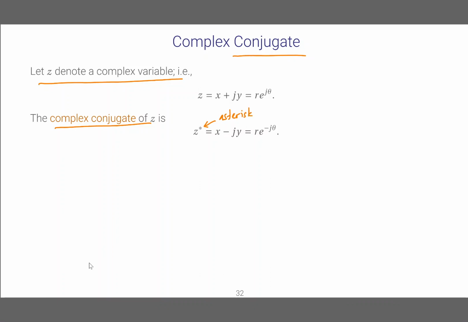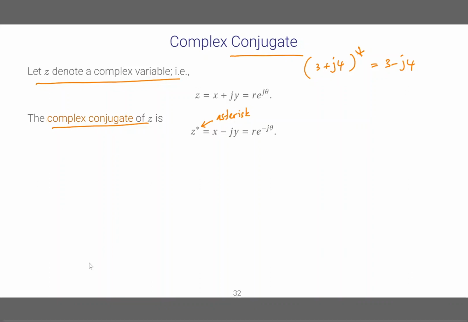It is x minus jy, and in polar notation r e to the power of minus j theta. So you know that if you have 3 plus j4, the complex conjugate of that is 3 minus j4. So you just negate the imaginary part when you want to get the complex conjugate.